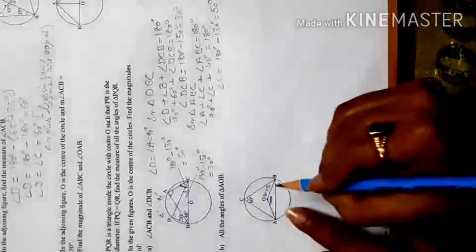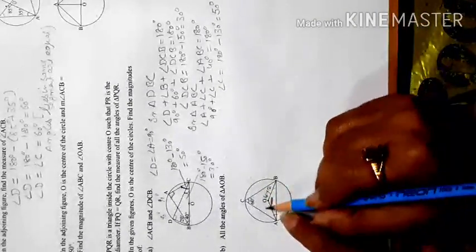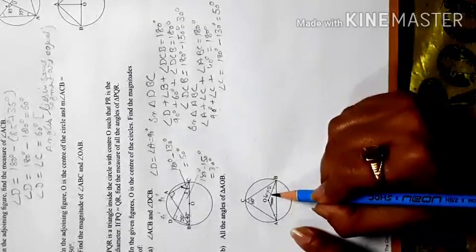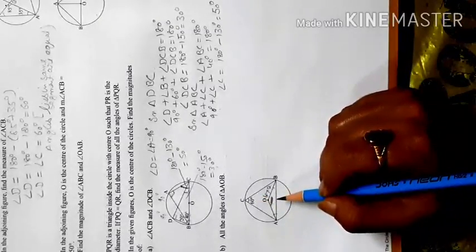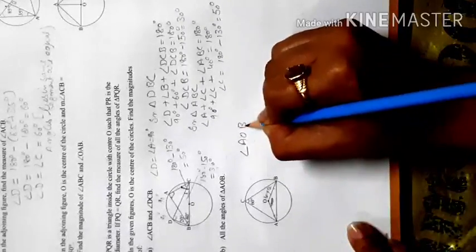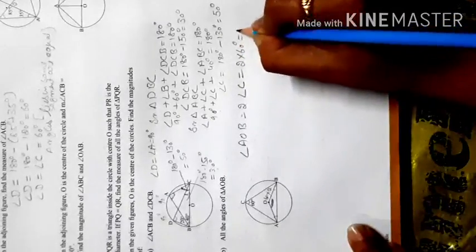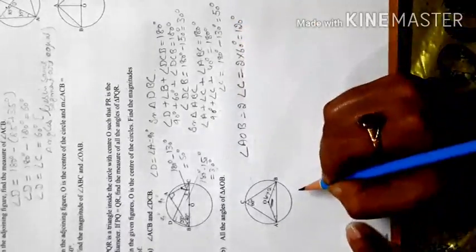So first you will see this in triangle ABC. In your triangle ABC, your angle O is double of angle C. First you have to write angle AOB is equal to 2 times angle C, that is equal to 2 into 60 degree is equal to 120 degree. Why it is 120 degree?